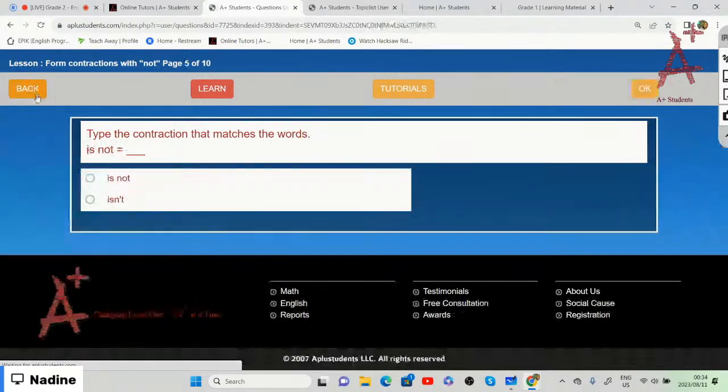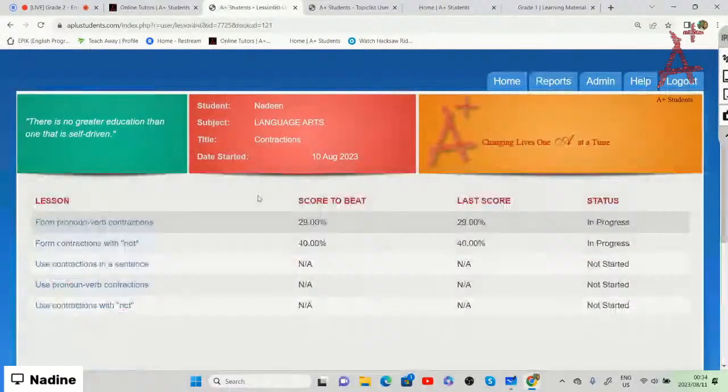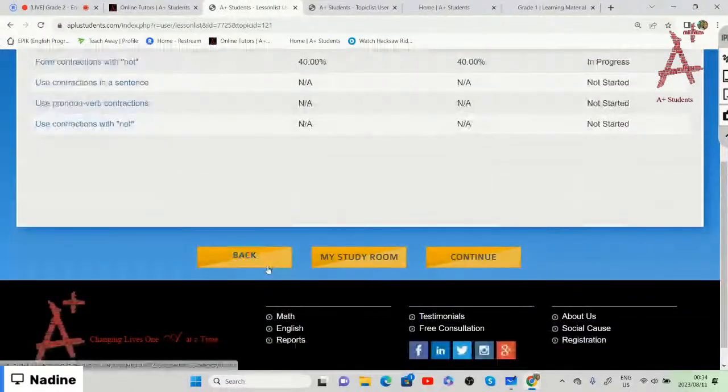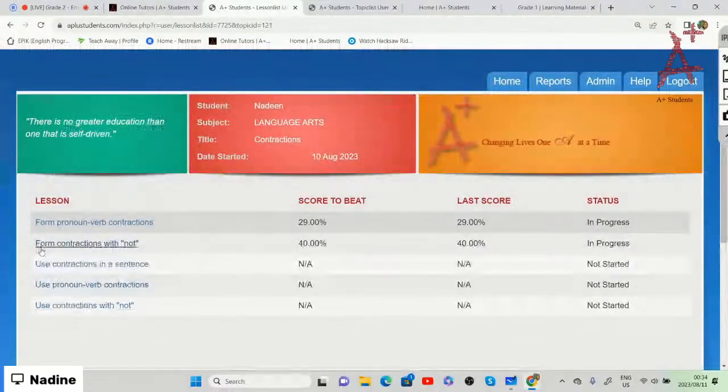So this is how we form contractions with the word not. We basically remove one letter, for example the O, and put the apostrophe in that place.